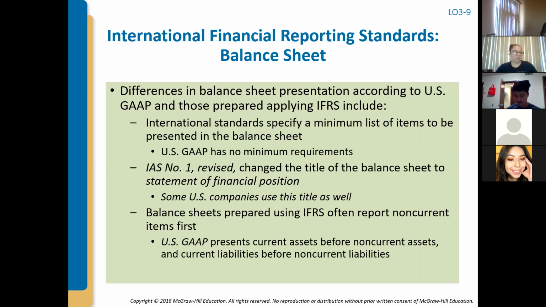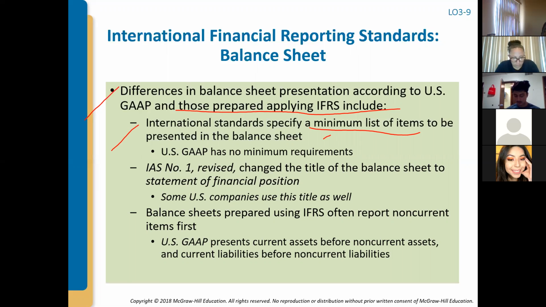So there is a difference between the international reporting standards and GAAP. The difference in balance sheet presentation according to US GAAP and those prepared applying the IFRS, meaning International Financial Reporting Standards. International standards specify a minimum list of items to be presented in the balance sheet.